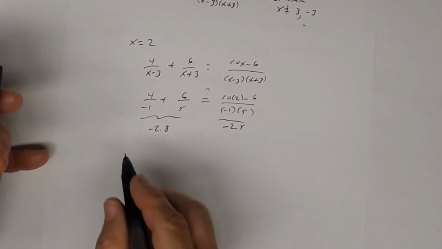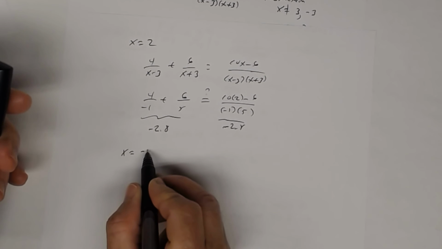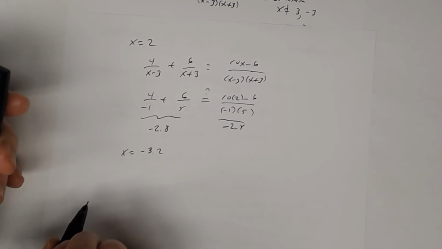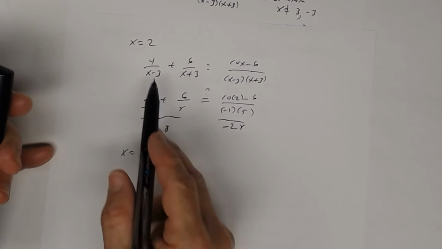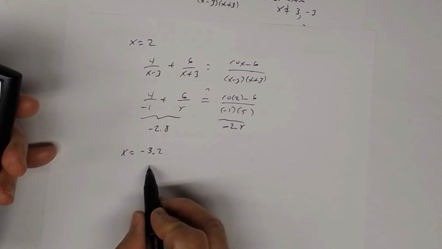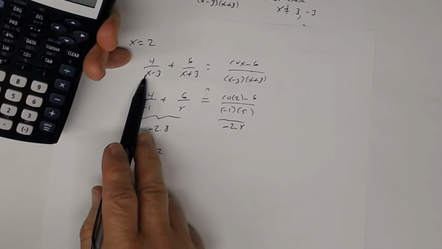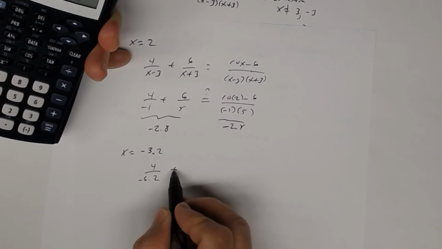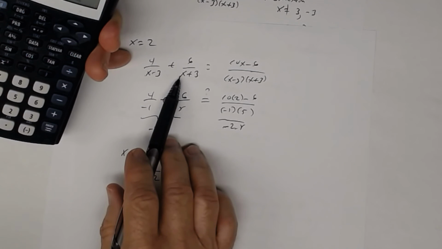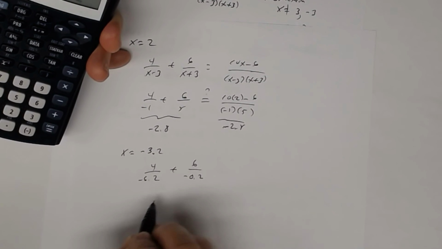So if you want to say, well, let's try x equal negative 3.2, right? So let's try decimals. Now you have to be careful there because you are using decimals. So you have 4 divided by negative 3.2 minus 3, which is negative 6.2, plus 6 divided by negative 3.2 plus 3, which is negative 0.2.